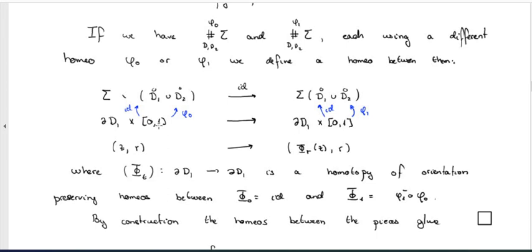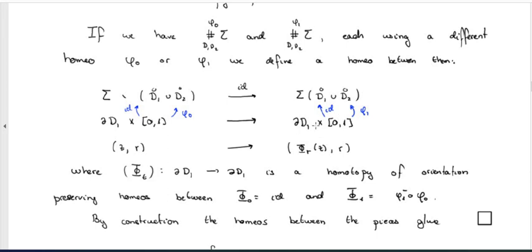And what should this be? So let's look how this works. So if I look at partial d1 times 1, right? So this corresponds to partial d2 through the map phi 0. Now I map through the identity to partial d2, and now I map back to partial d1 times 1 by the inverse of phi 1. So what that tells me is that I'm forced essentially to put here some map.